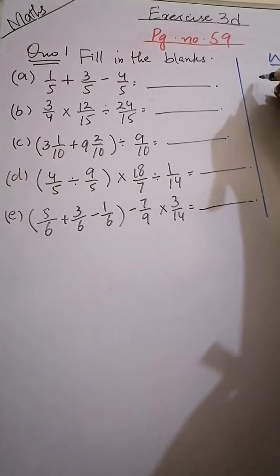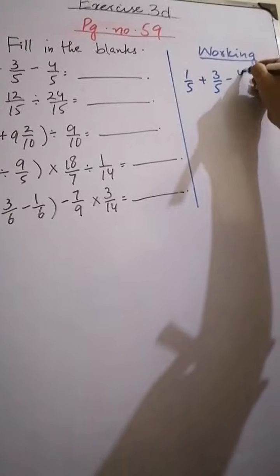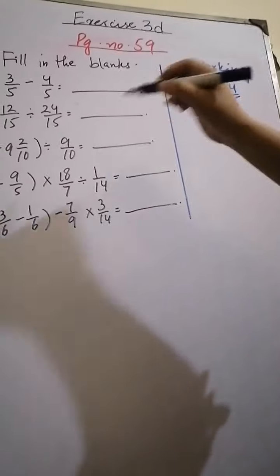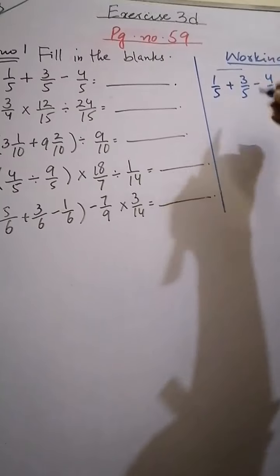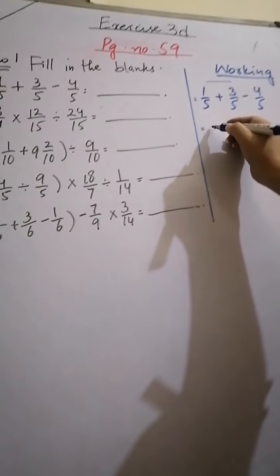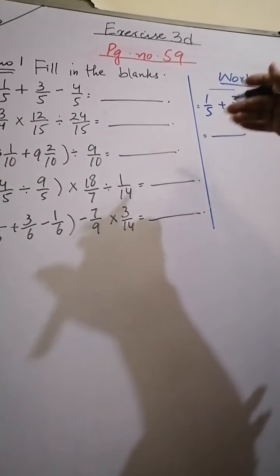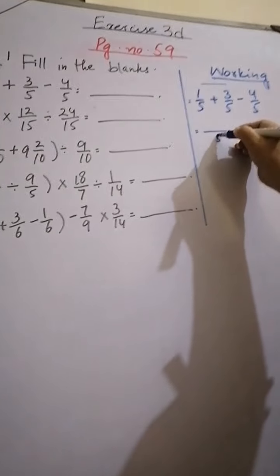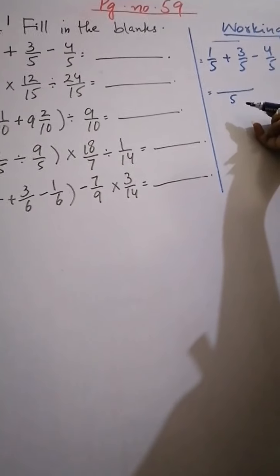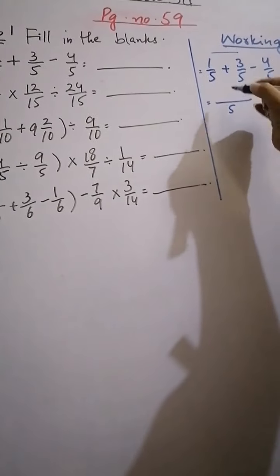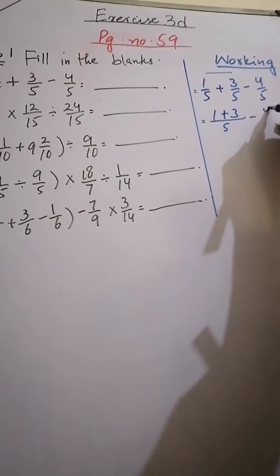It's part A, 1 by 5 plus 3 by 5 minus 4 by 5. According to BODMAS, we have to solve addition first. So without wasting any time and without doing too many steps, because it's our rough work. So 5 is the LCM because it's like fractions and the denominator is the same, so 5 is the LCM and the numerator will be written as it is.